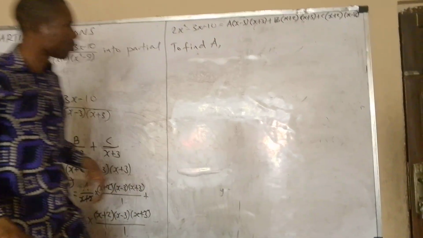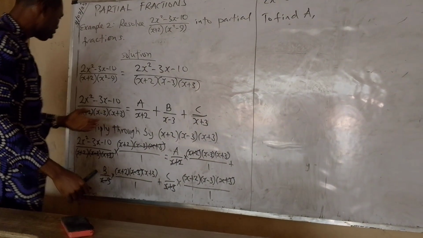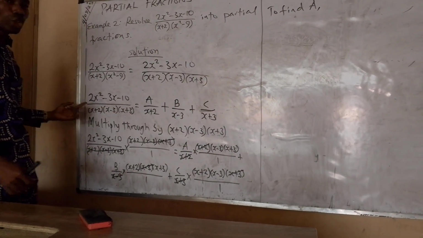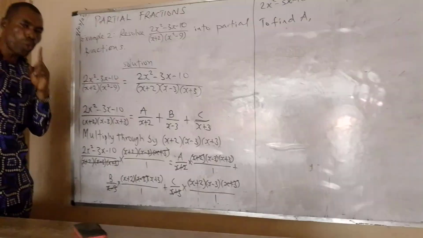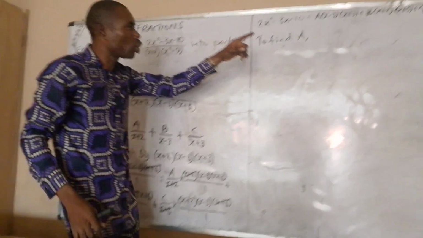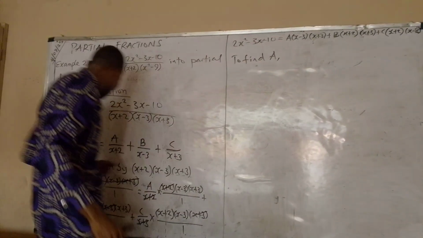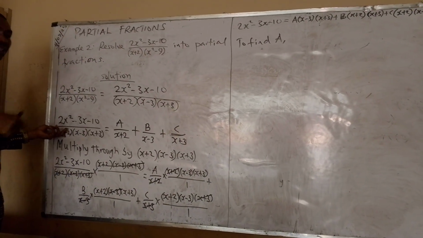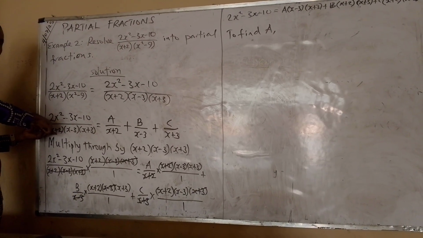Now, if you watch, among these 3 factors we have in the denominator, the only one that A here does not contain is x plus 2, while B and C contain it.